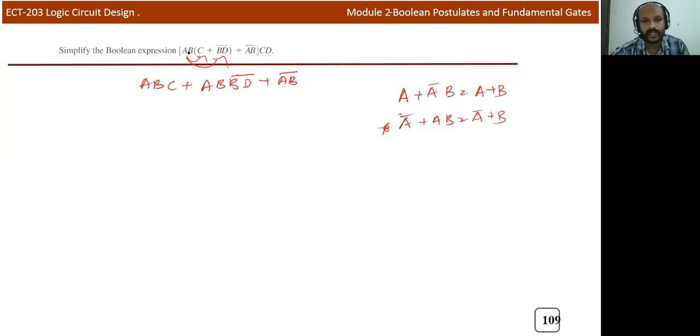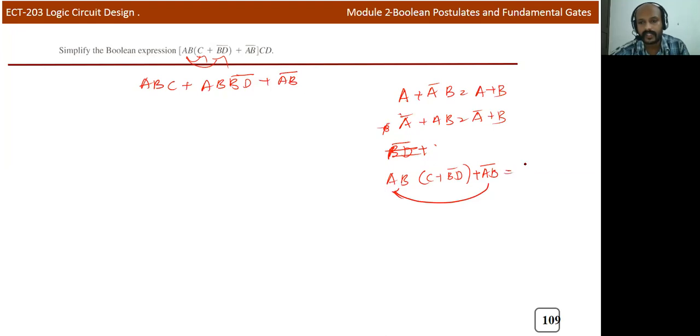So in this way, if you think of this particular term, here it is a term BD bar plus, okay, I'll write AB into C plus BD bar plus AB the whole bar. So if you think one term is here and the complement is here, it's AB the whole bar, and here you can see that AB.